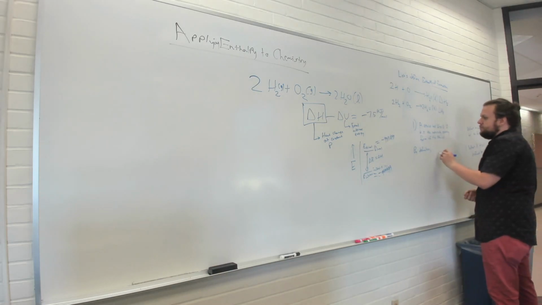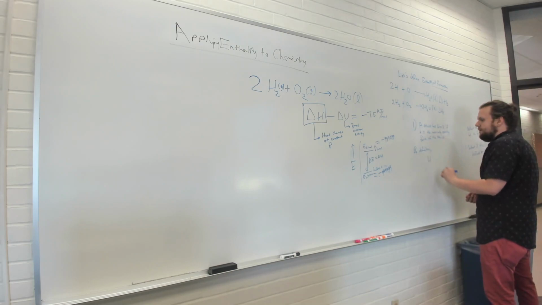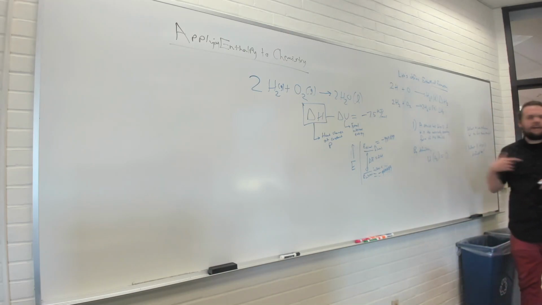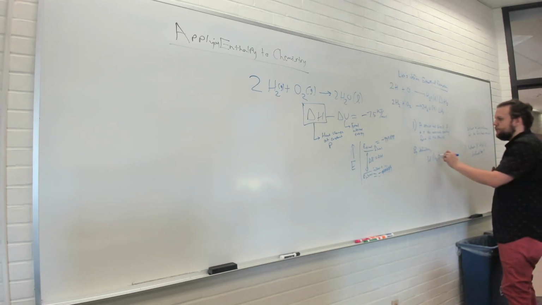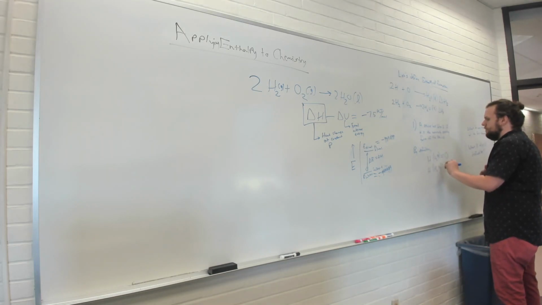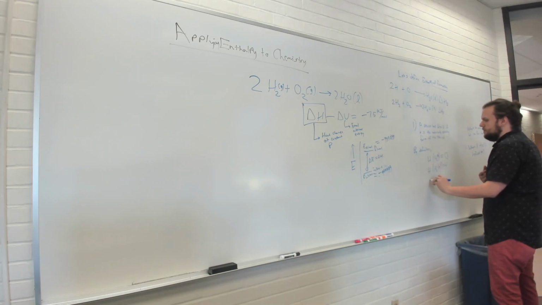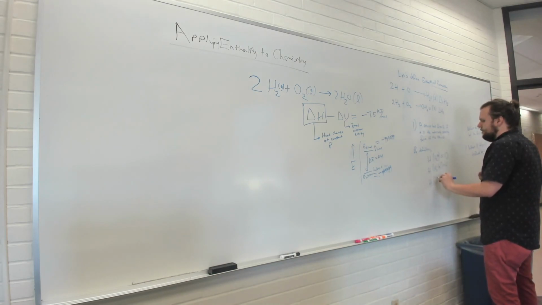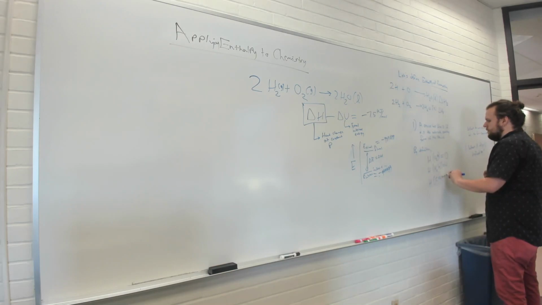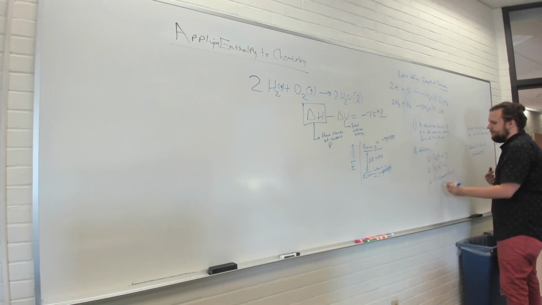But by definition, we could say, for instance, that the enthalpy of O2 is 0, because that's a naturally occurring form of O in gas form. The enthalpy of H2 gas is 0. The enthalpy of carbon as graphite is 0, and so on.